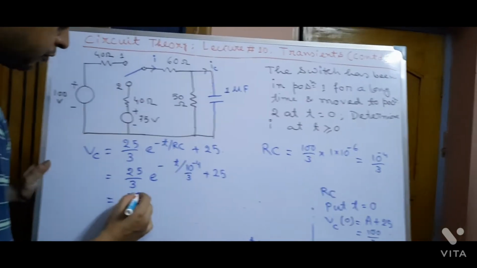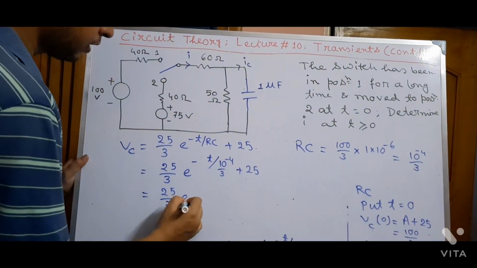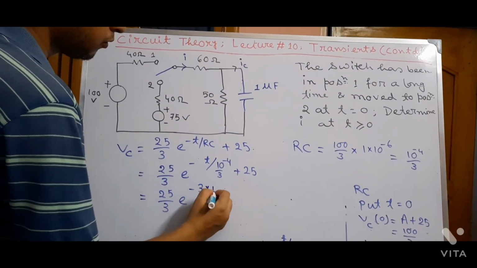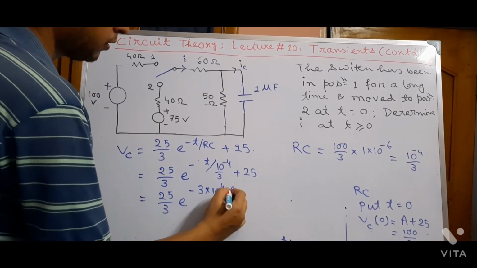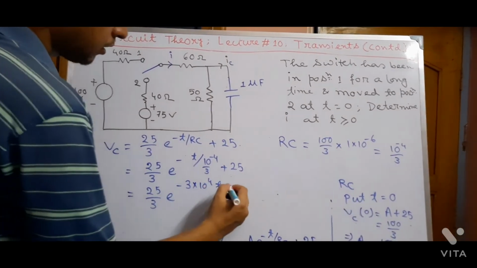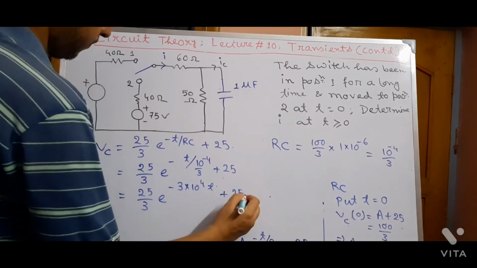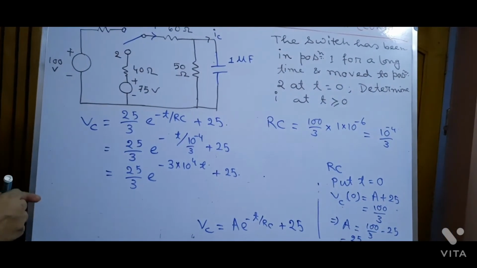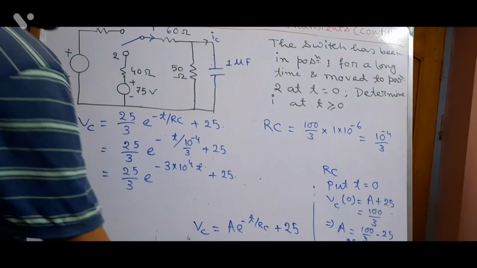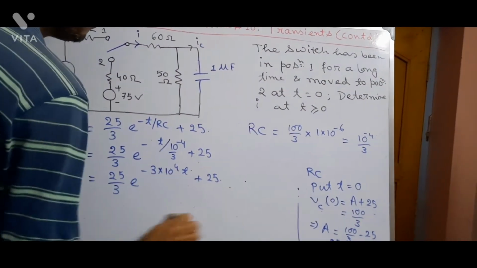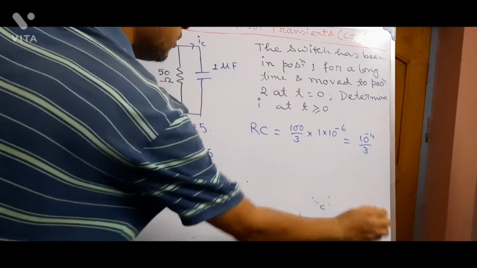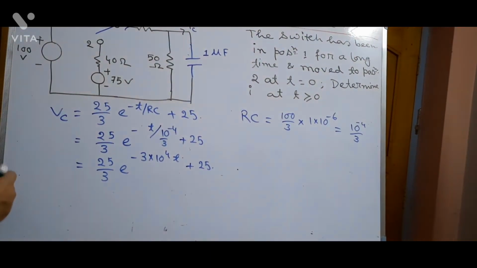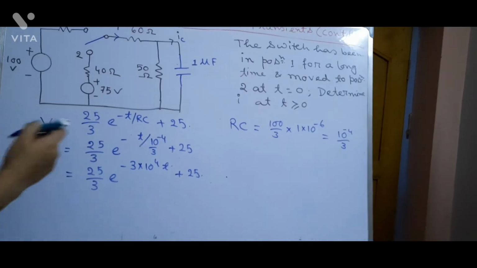So 25 by 3 e to the power minus 3 into 10 to the power 4 t plus 25. Okay. Now this is the equation of voltage across the capacitor at t greater than 0.